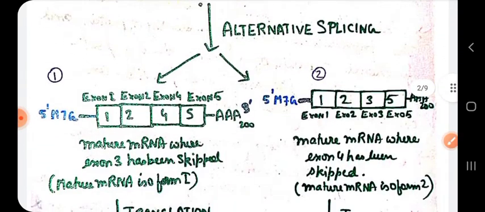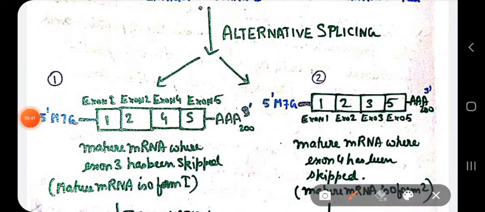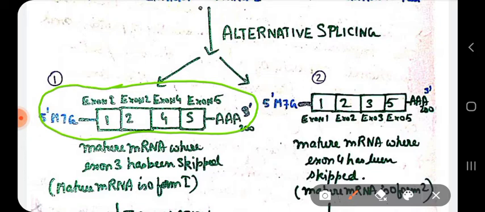You can see here these are the exons: 1, 2, 4, 5. Again I repeat, 1, 2, 4, 5. So exon number 3 has been skipped here to make a unique, different RNA transcript. From that, a different protein product will be produced. So this is a mature mRNA where exon 3 has been skipped.